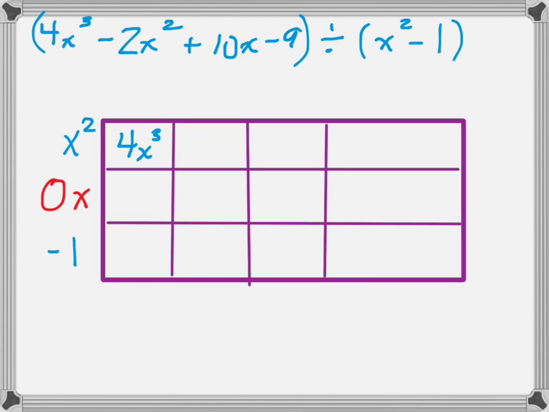It's going to be a 0x squared. What is going to be in the bottom row? You take the 4 times the negative 1, so negative 4x. As each time we step down a row, we're losing a degree on our x. So that means it goes from x cubed, x squared, x.